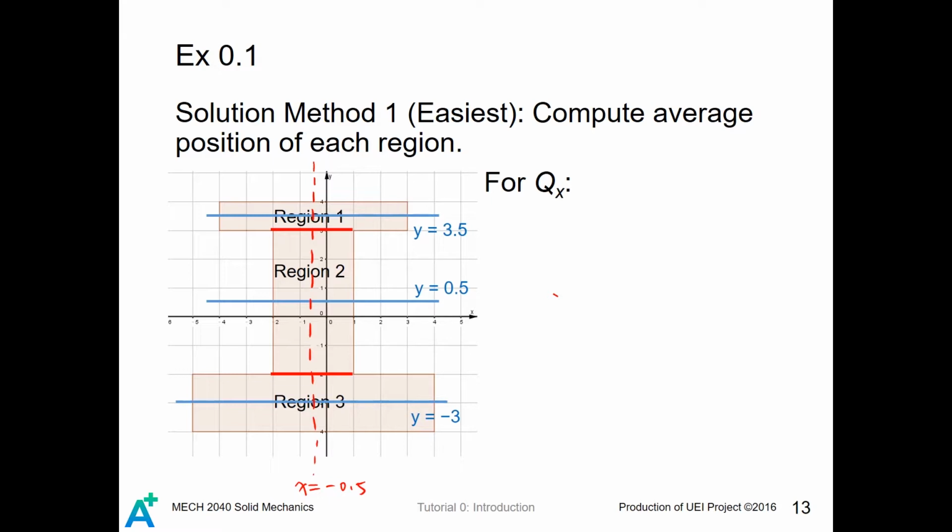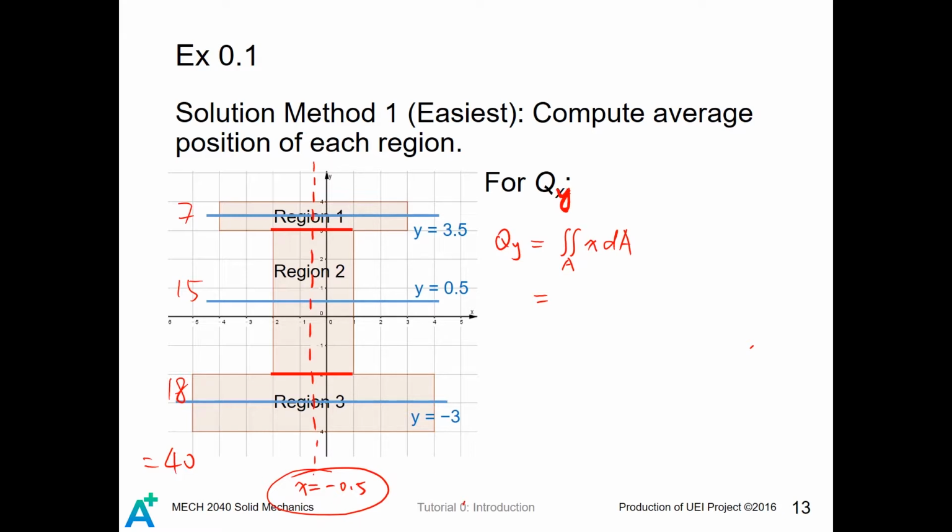So for Qy, we know that this I-shaped region is symmetrical about x equals minus 0.5. Therefore, Qy equals the integral over the entire area of x dA. Well, what is the area of the entire region? It is 7 plus 15 plus 18, which is 40.